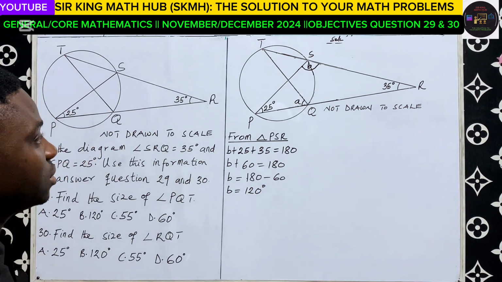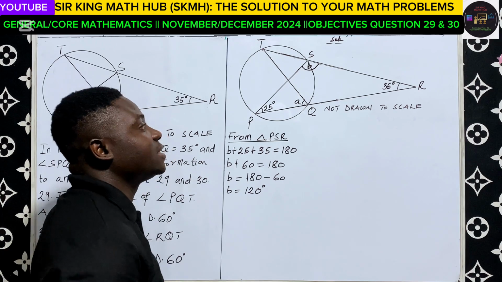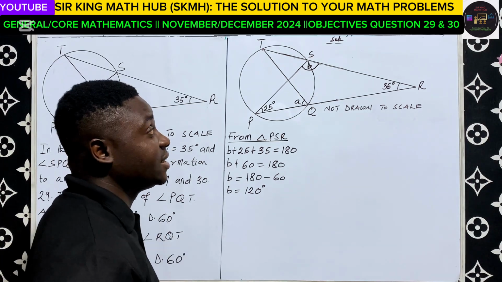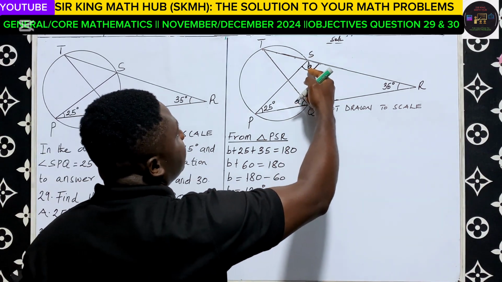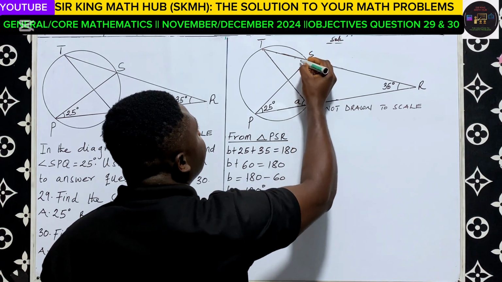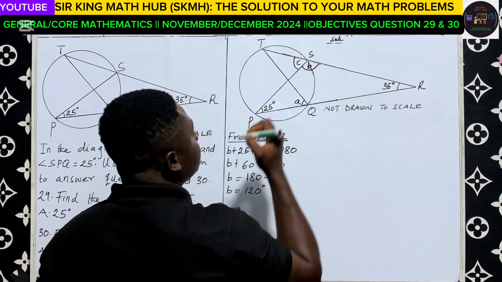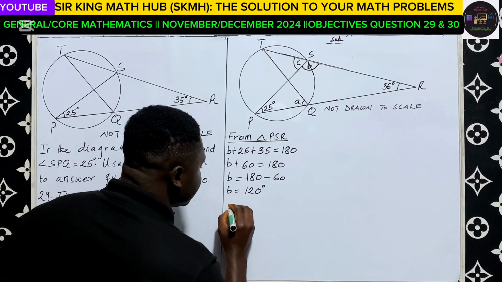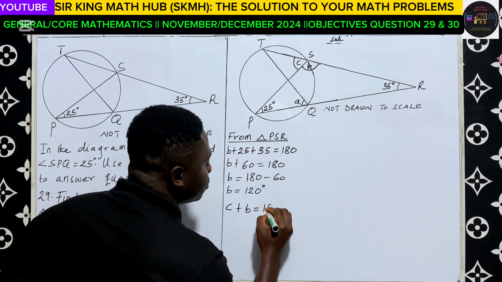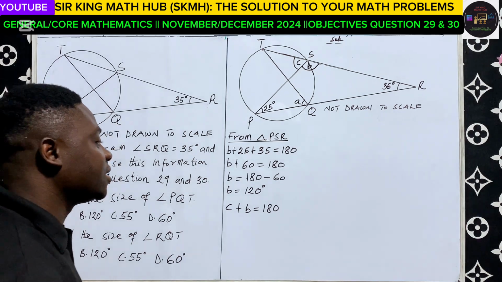That is B. Again, we have a straight line. We know that the angles on a straight line sum up to 180 degrees. So this angle here is B, and let's name the other angle as C. Angle C plus angle B must be equal to 180 degrees.